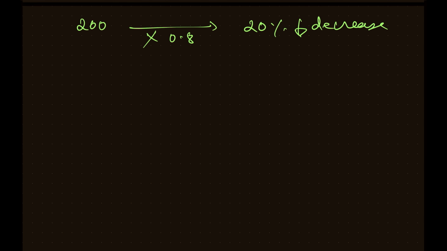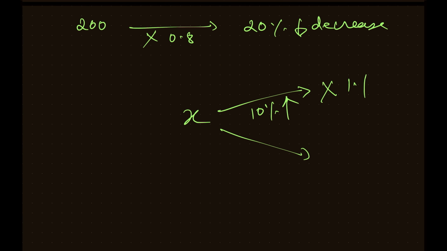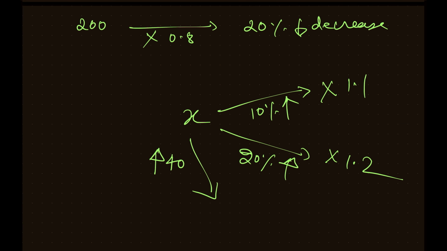Suppose there is any number x. If we want to increase it by 10%, multiply it by 1.1, increase it by 20%, multiply by 1.2, or increase by 40%, multiply by 1.4.